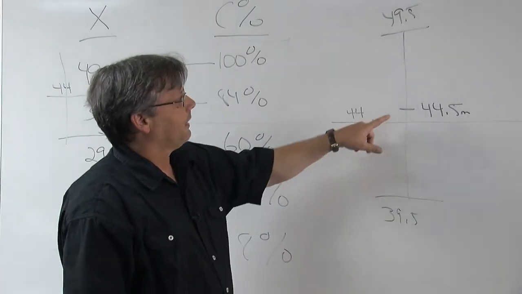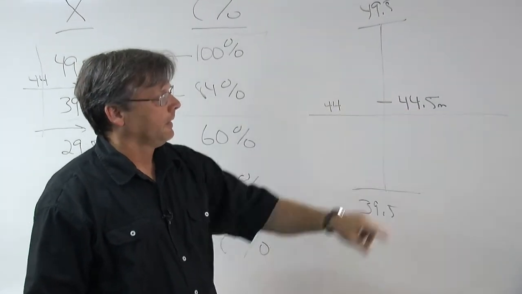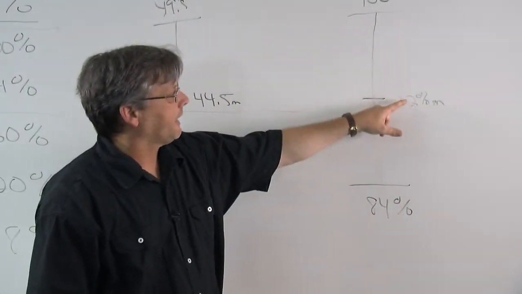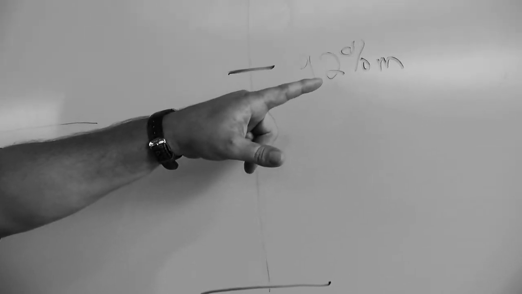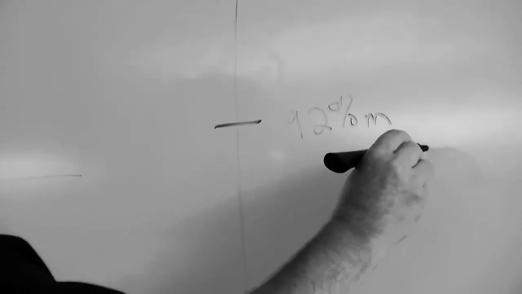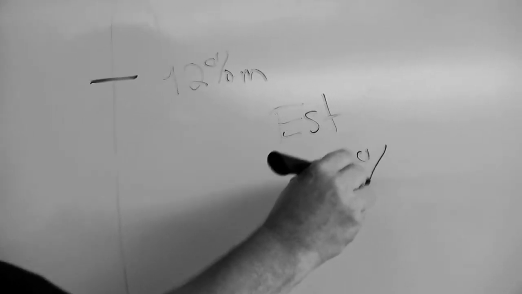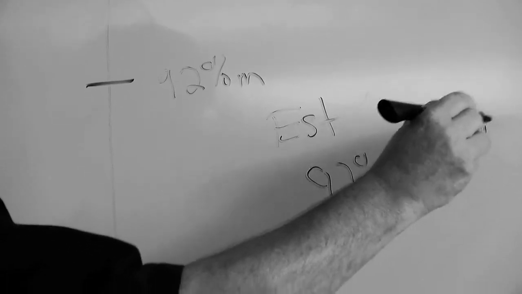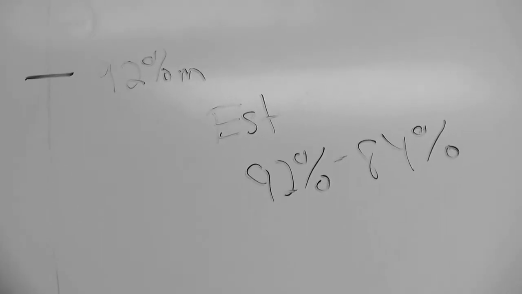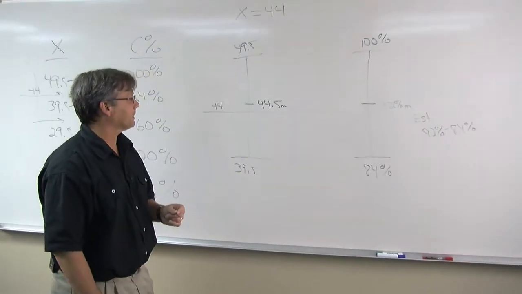Since we're in the bottom half of this scale, remember 44.5 is the midway point, we have to be in the bottom half of this scale, somewhere between the midway point of 92% and the very bottom of 84%. So an initial estimate is from 92% to 84%. And if at the end of the day we get an answer outside of that range, we know that there's something wrong.